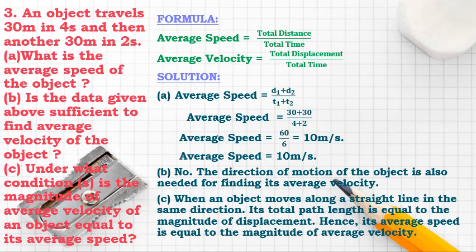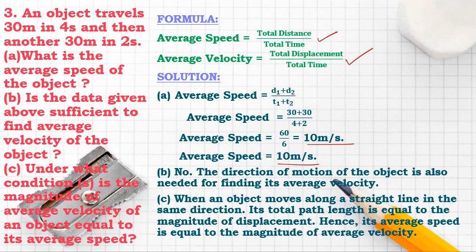For average speed we know it is total distance by total time, and for average velocity it is total displacement by total time taken. The total distance is d1 plus d2 and the total time is t1 plus t2. When you do the calculation, you get 10 meter per second.